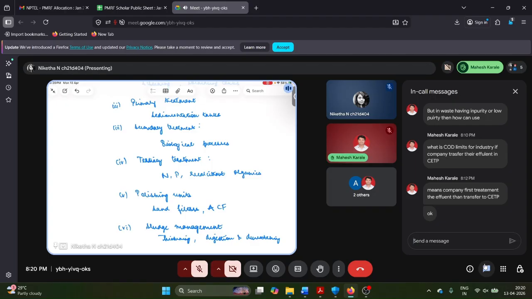In this case, it becomes aerobic, because if the pollutant is above the soil layer, it is exposed to air. So it becomes aerobic. Aerobic. Okay. Thank you, ma'am.